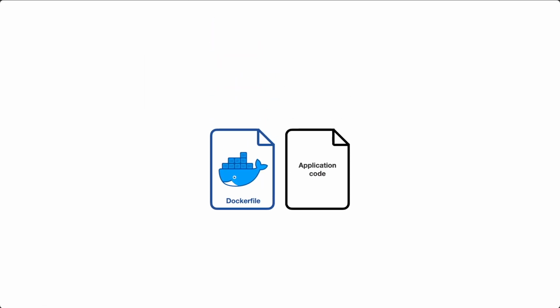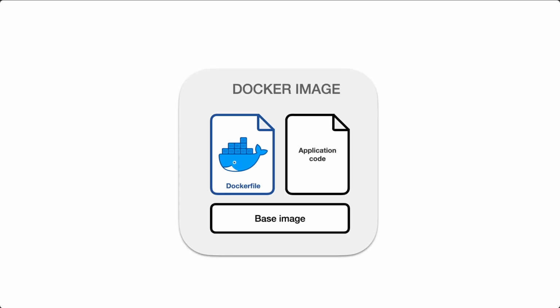For the application image to be complete, we need one more thing, which is the base image. It's a snapshot of a file system with all the things that your Dockerized application needs to function properly. It includes all of the base software, like the operating system components, and software for the operating system components to understand a programming language that your application is written in and to run that code.